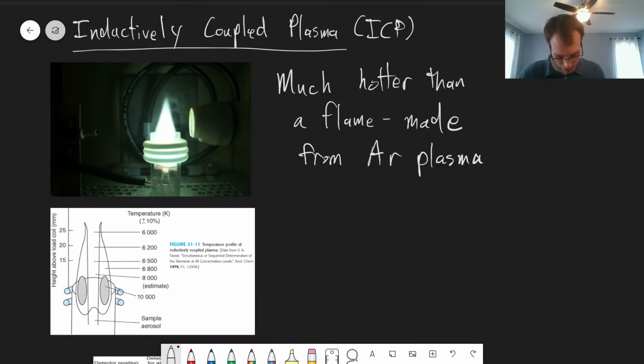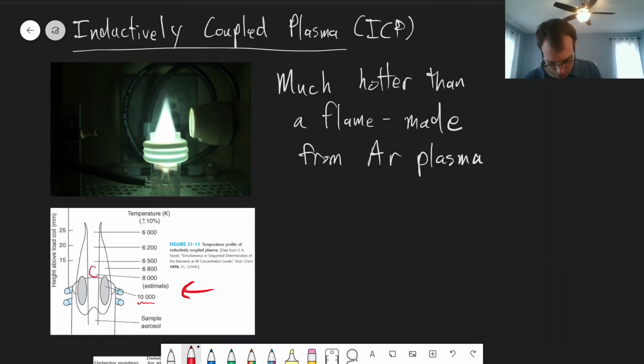This is a picture of what an inductively coupled plasma looks like inside of an ICP experiment. So it's this bright white flame here. And down here, this is a figure from your textbook with some data from a paper estimating what the temperatures are in the flame. You can see a maximum temperature of something like 10,000 Kelvin.